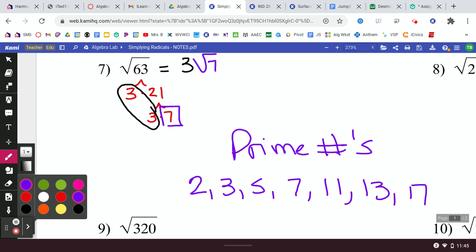I think that's not all of them, but I think that's as high as you guys need. Which means you're always going to start with one of these on the left, and you're going to keep going until you get to where your bottom ones are all prime. So you can't end on a 9, a 12, a 10, a 6. Okay, you have to end with all primes, and you have to start with primes. Start with prime and end with prime.